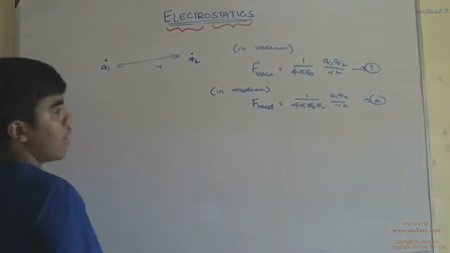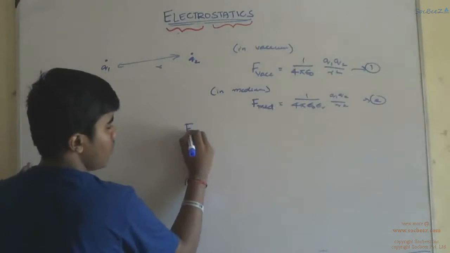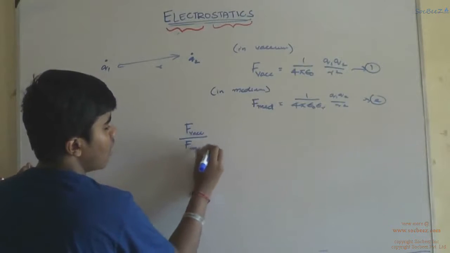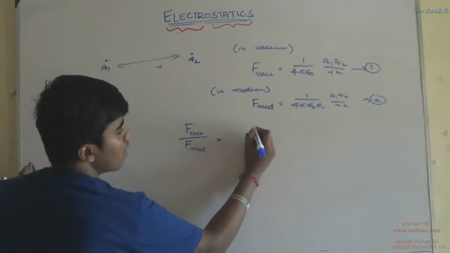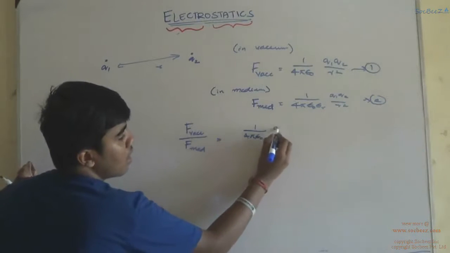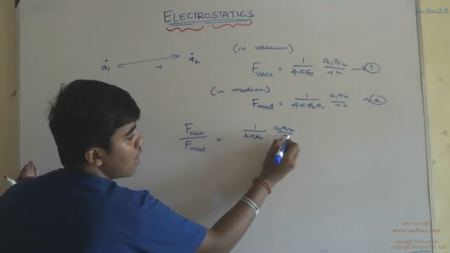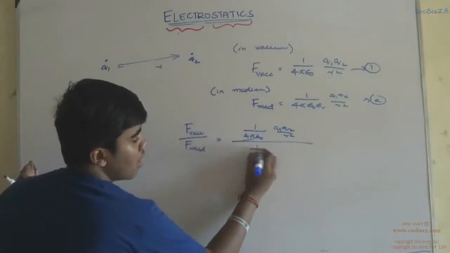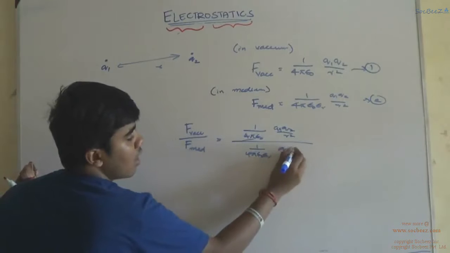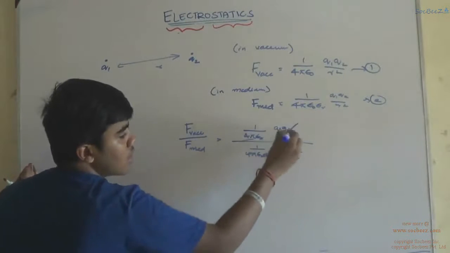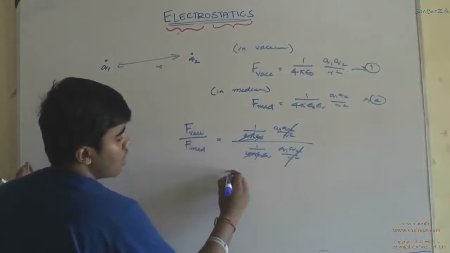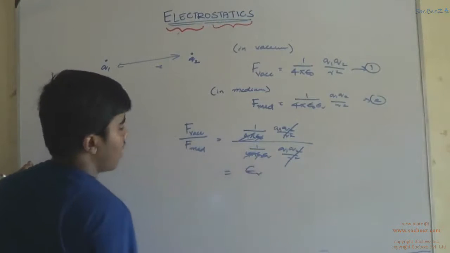Dividing 1 by 2, we get, so this gets cancelled, 4 pi epsilon, 4 pi epsilon, this turns out to be epsilon r.